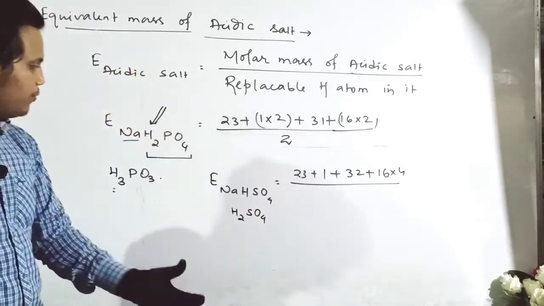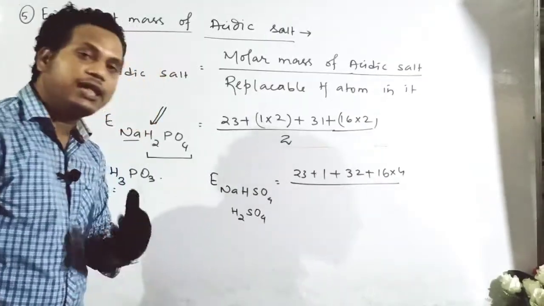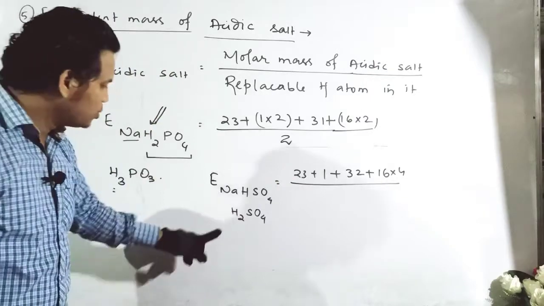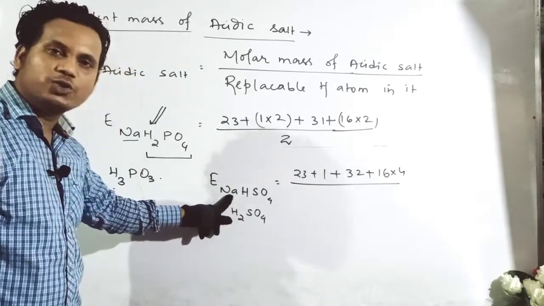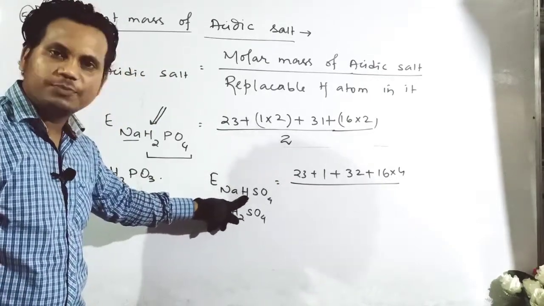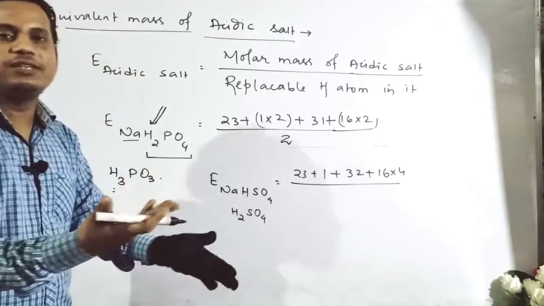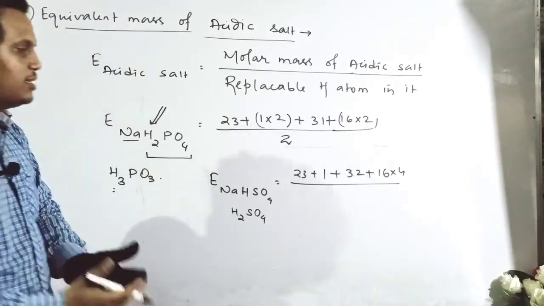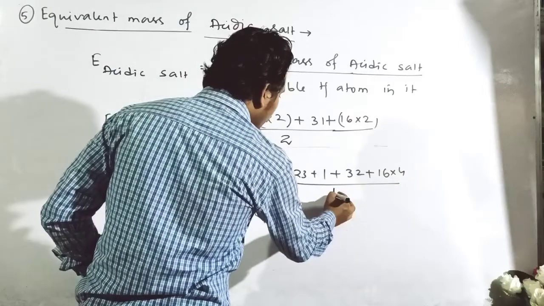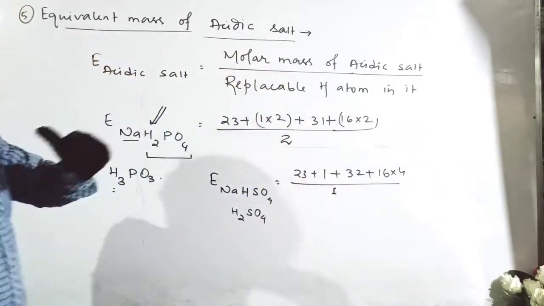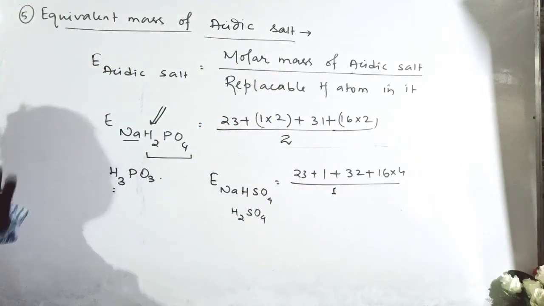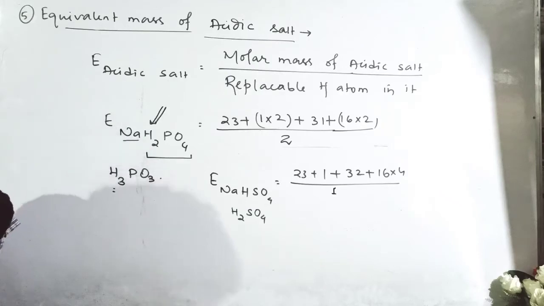So in sulfuric acid, 2 hydrogen atoms are replaceable. So only 1 is replaced by sodium, the other one is present. It can replace. There is a possibility. So divided by 1. So in this way you can find the equivalent mass of an acidic salt.